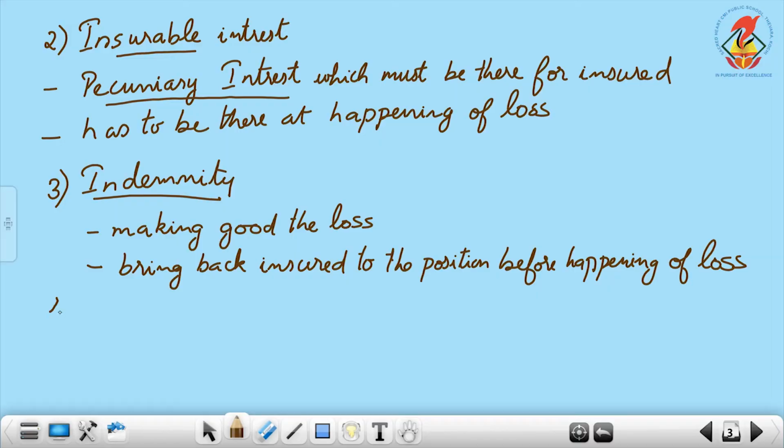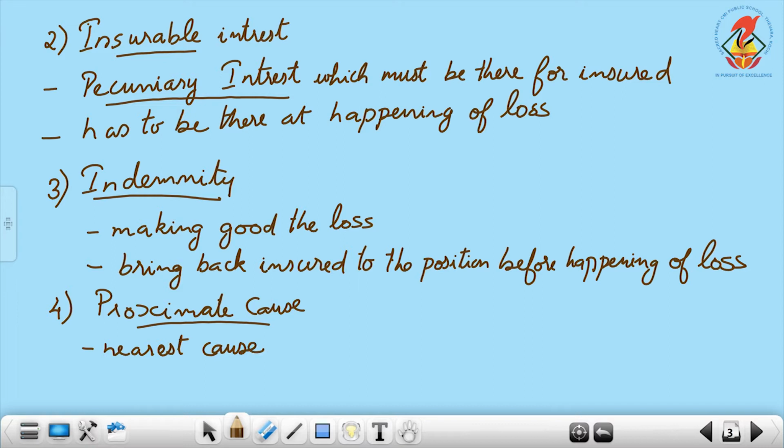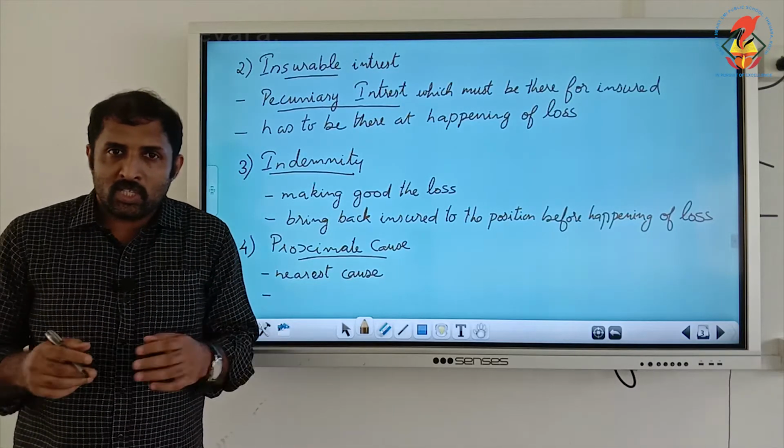Now, coming on to the fourth principle, it is the principle of proximate cause. Proximate cause simply means nearest cause.